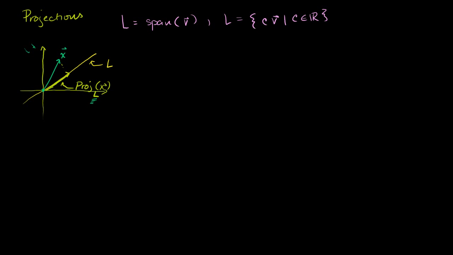And just as a bit of a reminder, we were able to figure out what this projection is for some line L. If you have some spanning vector, the projection onto this line L that goes through the origin of the vector x, we figured out it was x dot your spanning vector v over v dot v, which is really just the length of v squared.